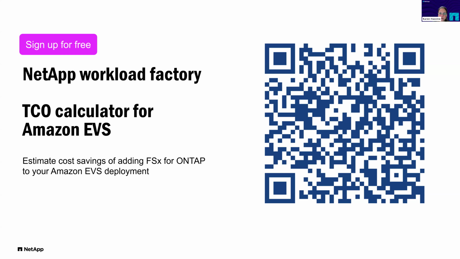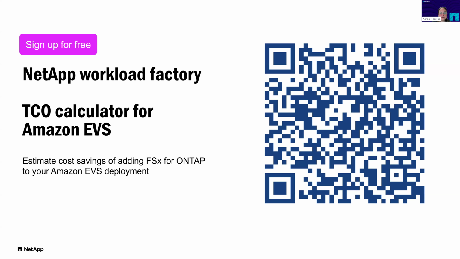I just want to recap really fast what we talked about. The first thing is Amazon EVS is the fastest, most secure modernization path for your VMware workloads on AWS. You get to keep your VPC. You continue to use the same tools as if you were on-prem. And this allows you also to move to the cloud those legacy applications that maybe you're a bit afraid or you don't want to risk them.